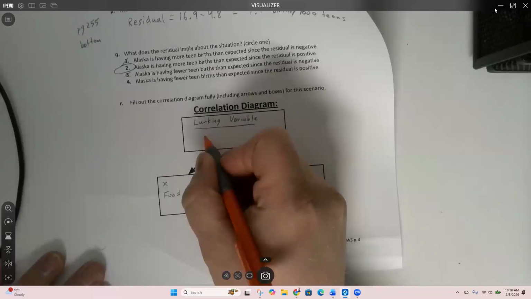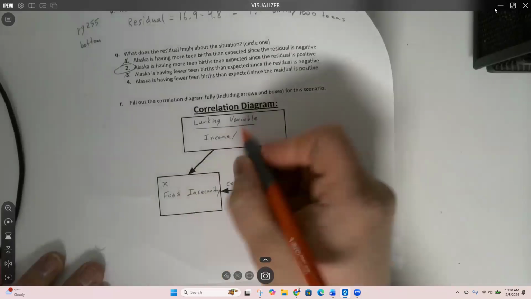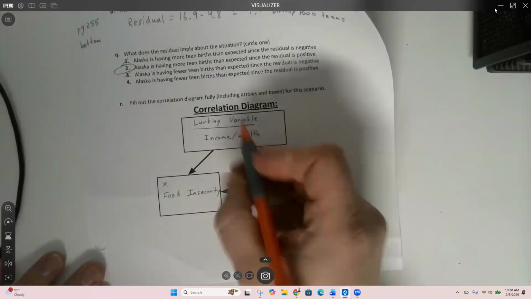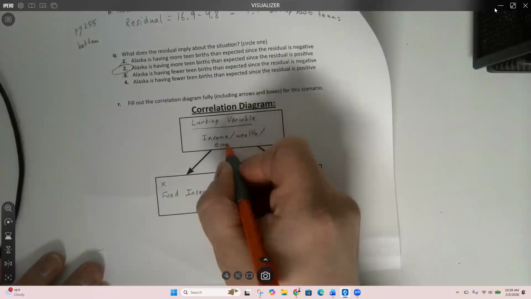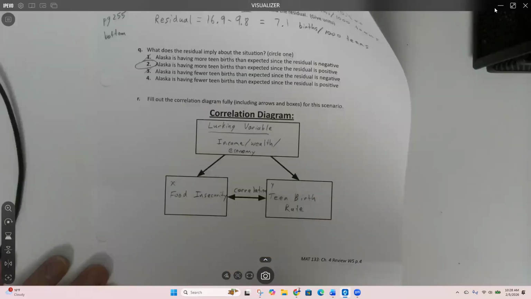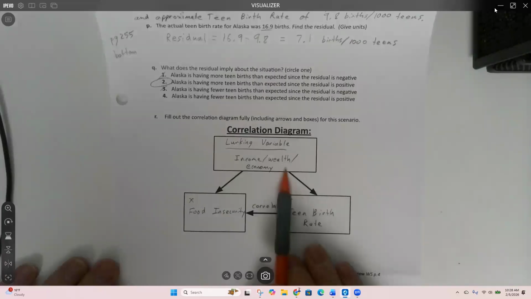Yep. Income or wealth. You only need to write one of these words, by the way. Economy, right? Rachel wrote socioeconomic. That's good. I like that.